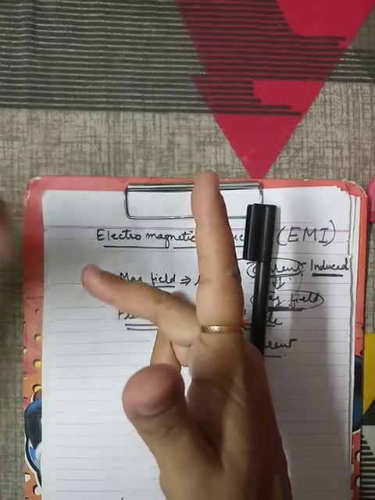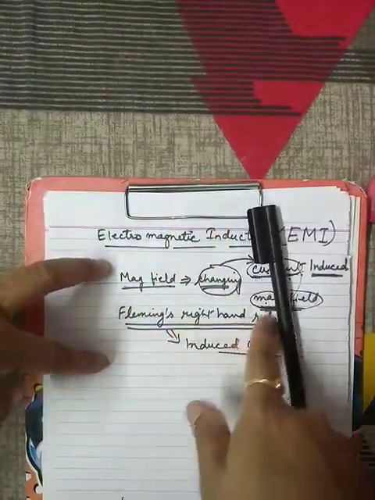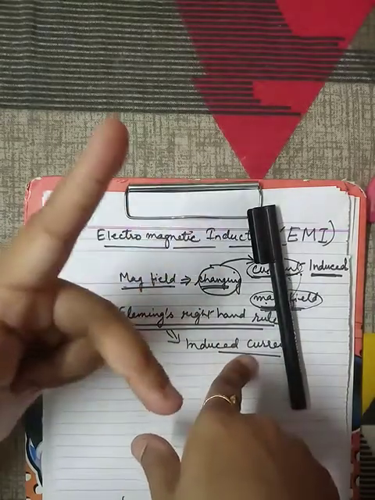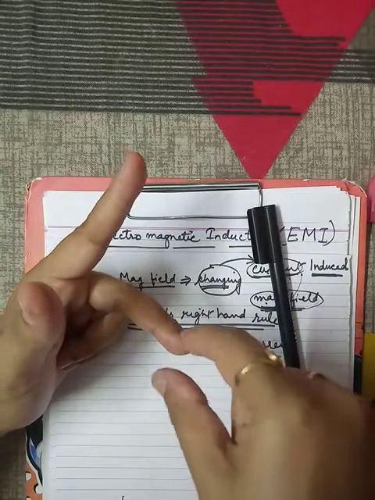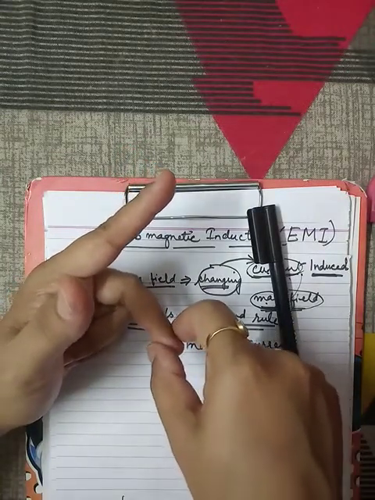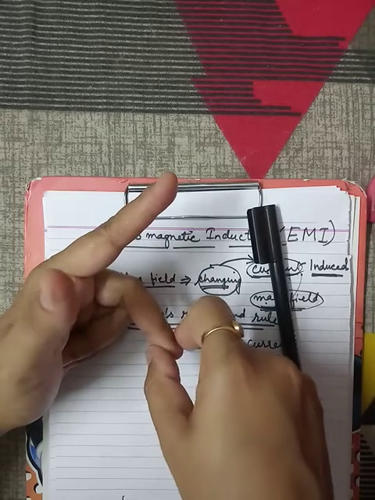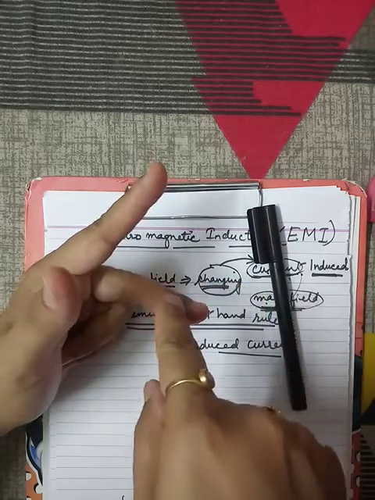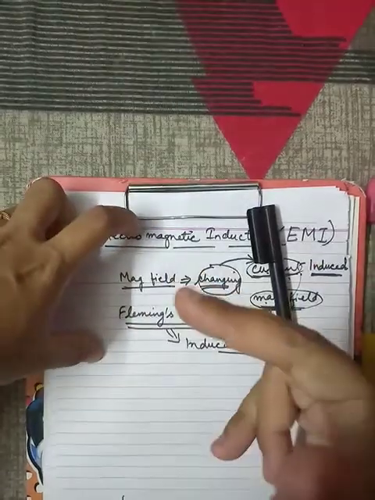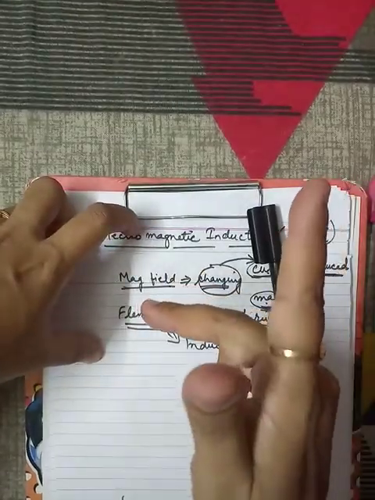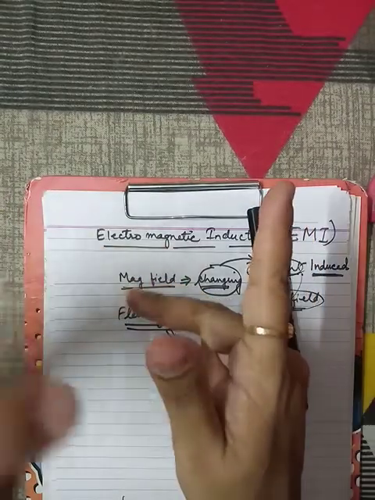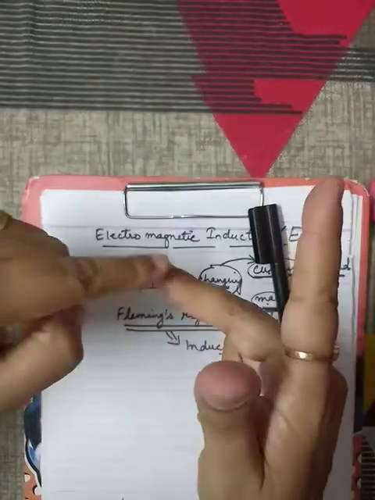So remember that Fleming's right hand rule always gives the induced current direction, and in Fleming's left hand rule the current direction is the simple current direction, simple electric current, that is conventional current direction. It is not induced current. Only Fleming's right hand rule gives me the induced current direction, which is again the middle finger. Okay, so if we know this, then we can find this.